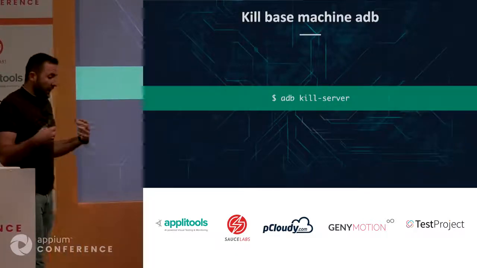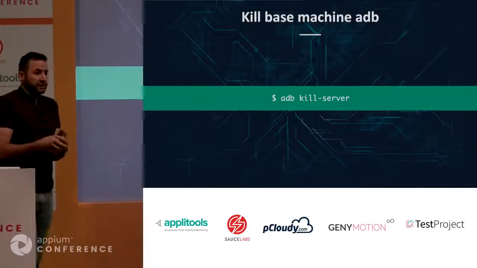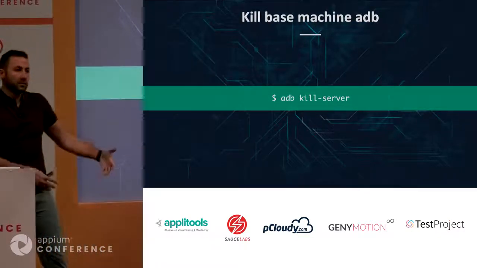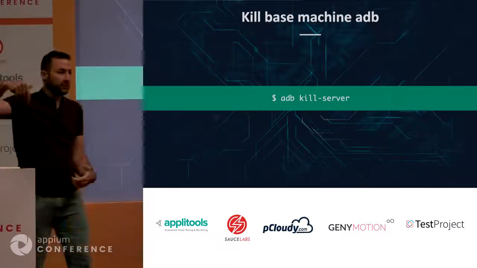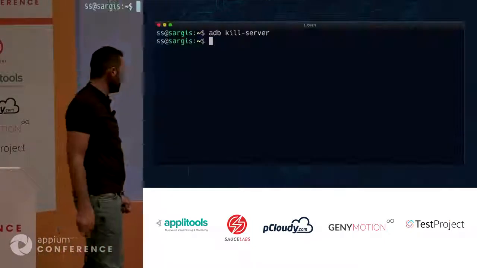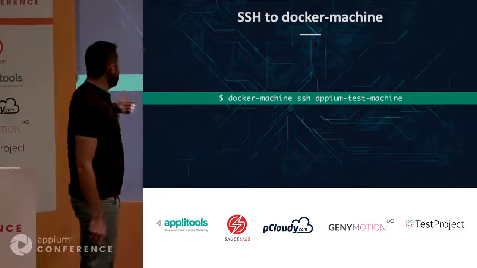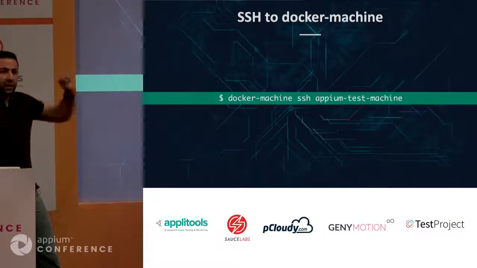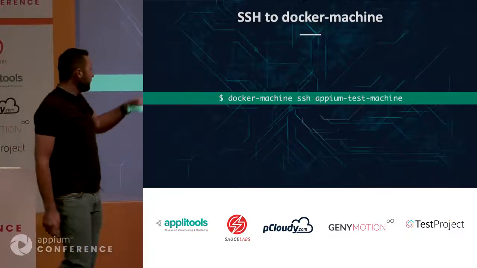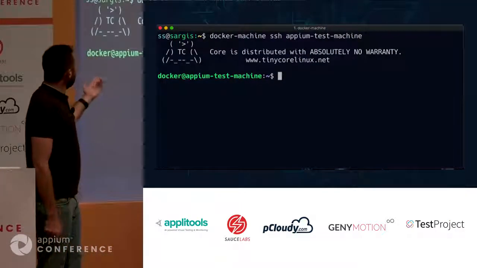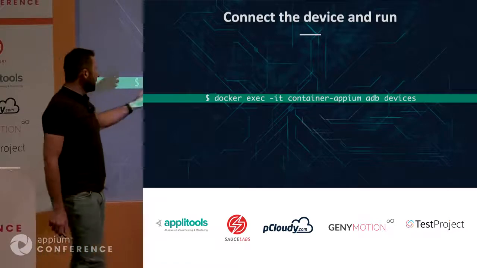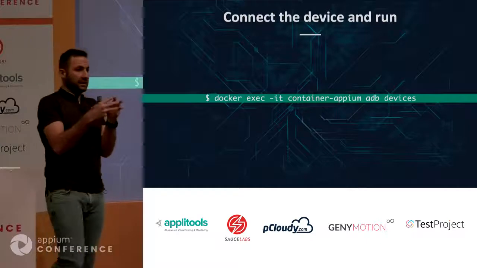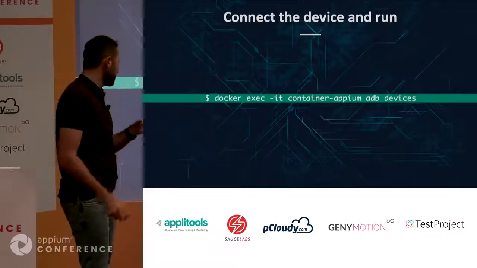As we are going to run the test through the Docker machine, we need to kill our local ADB server and connect from inside the Docker machine. So we kill it, and then do docker-machine ssh to the Appium test machine, and execute the command adb devices from inside the Docker VirtualBox.